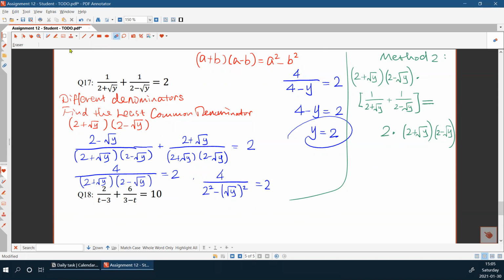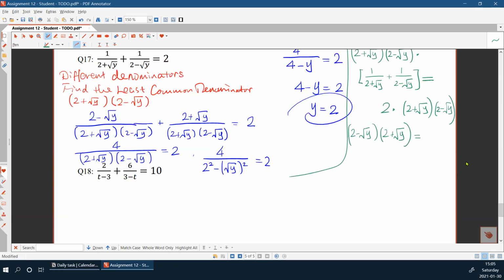Following this, we will have 2 minus y times 2 plus square root y equals twice of this.